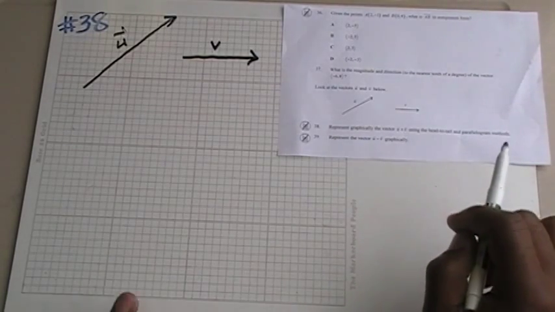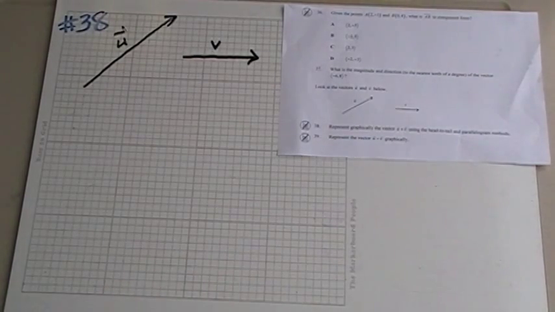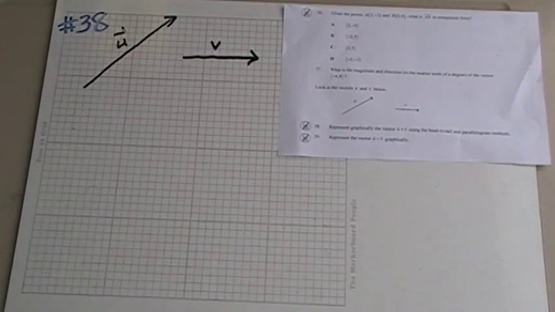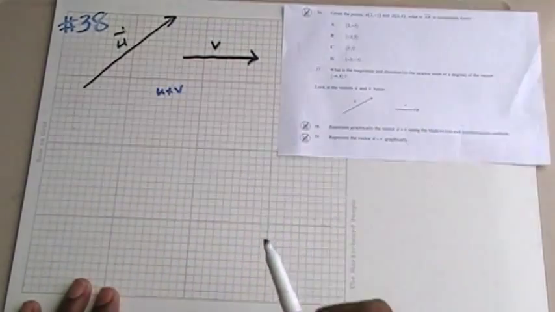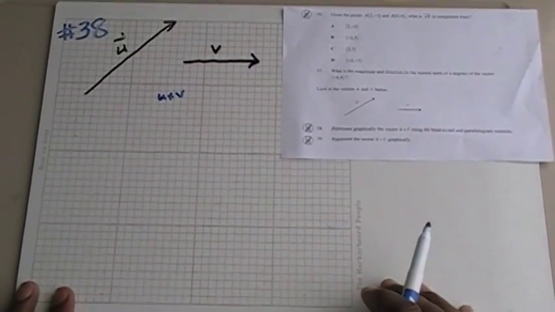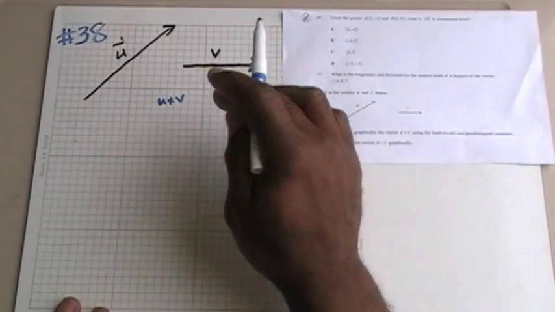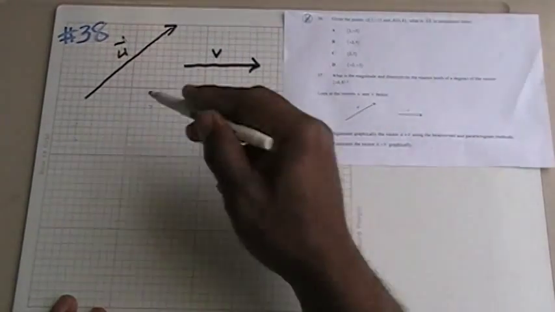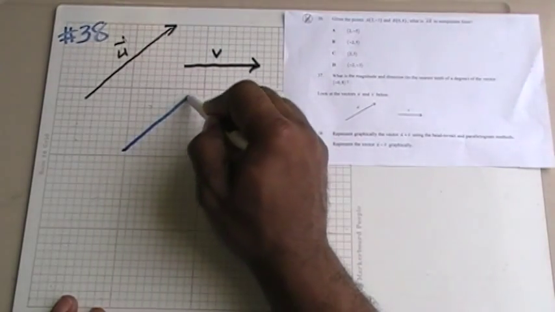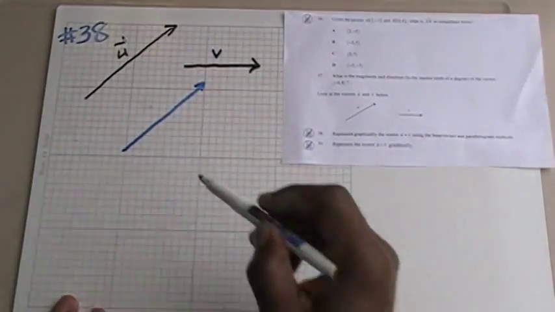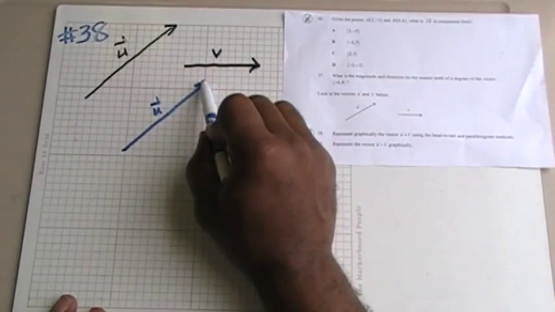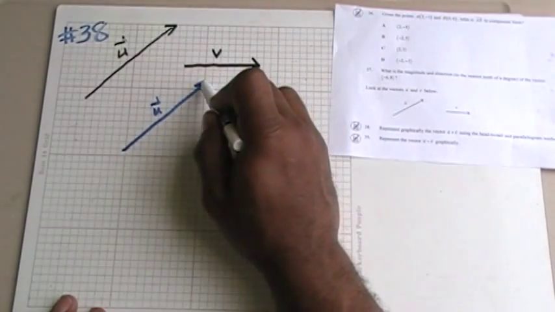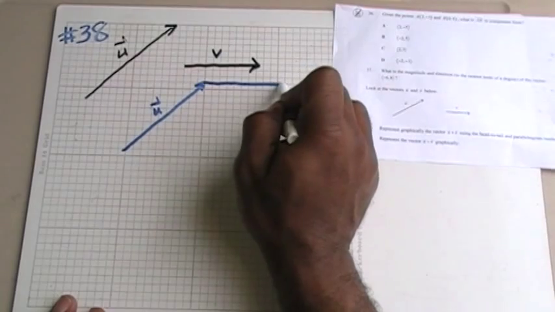I'm going to use some blue first, and we're going to do that head to tail. If we're doing u plus v, remember we want to go in the same direction the whole time. So there's vector u, and then, head to tail, we want to make a v.